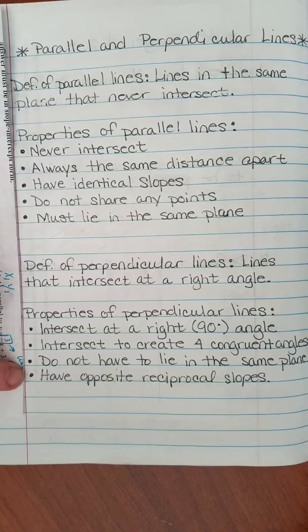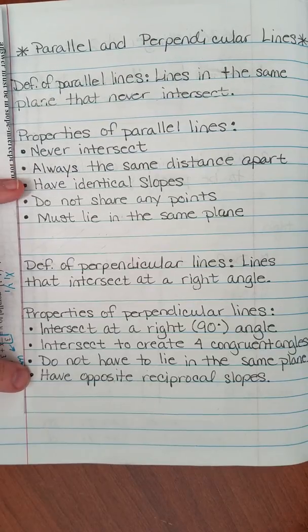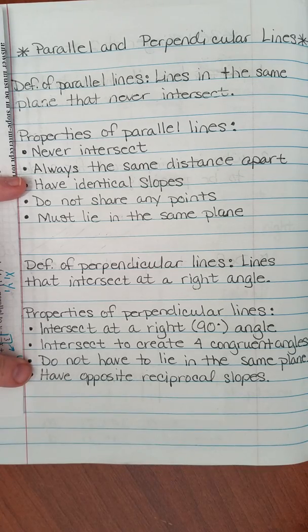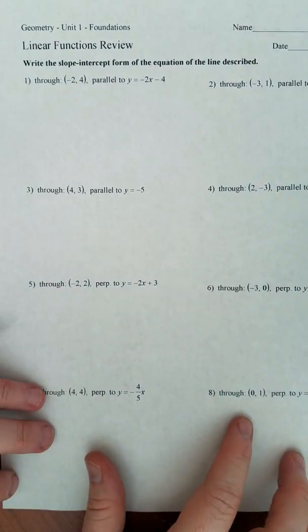So that's pretty much the biggest difference between them, and that's the thing that we're usually most focused on in the equation. Either we're looking for two lines that have the same slope, or two lines that have opposite reciprocal slopes. So opposite reciprocal means that you change the sign, and then you flip the fraction.